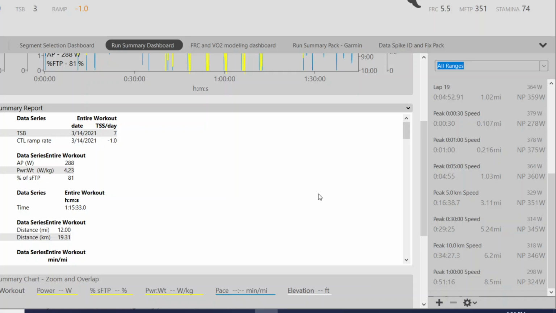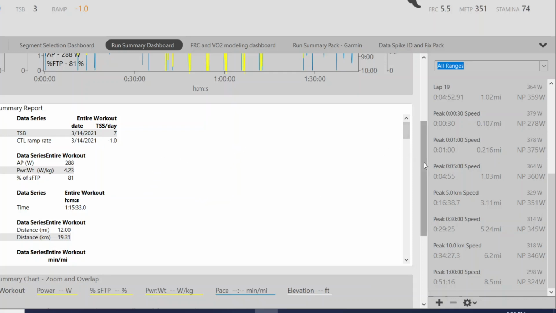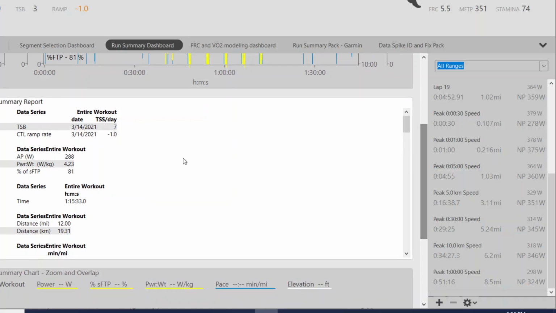So it's sort of like a tree where you have a view, which contains multiple dashboards, and then the dashboard contains multiple charts and reports. This video is just on this one particular report, which I use as a primary method of analyzing workouts and such.